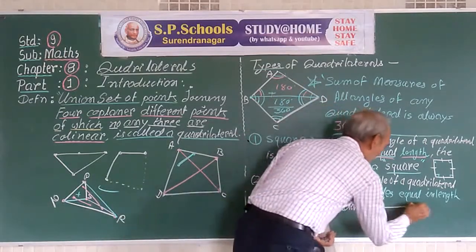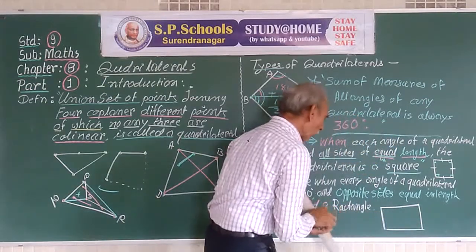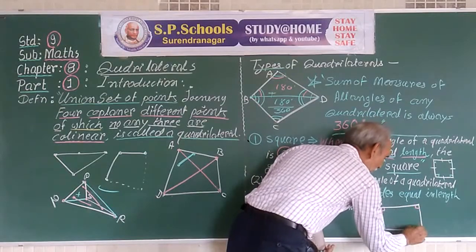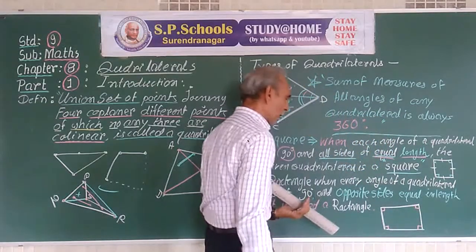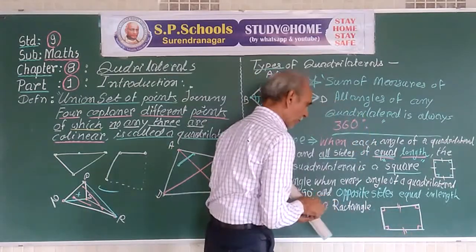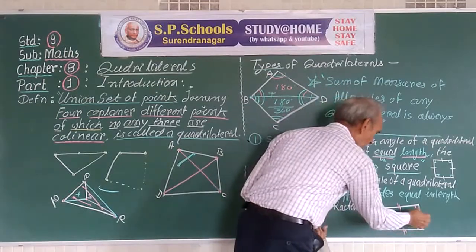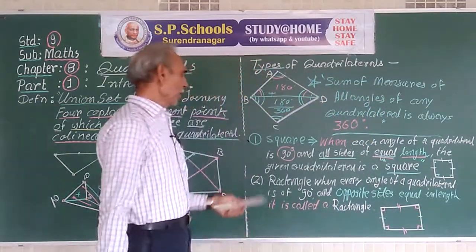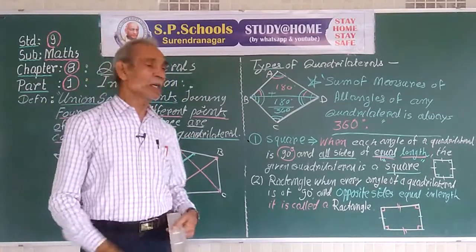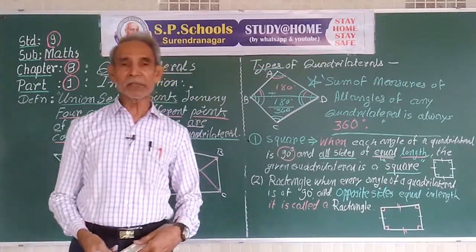We have the figure. All four angles, each of them 90 degrees. This is the side for 90 degrees, and opposite sides equal in length. The quadrilateral we get is called a rectangle. So, dear students, try to learn this, and the remaining we shall discuss in the next.